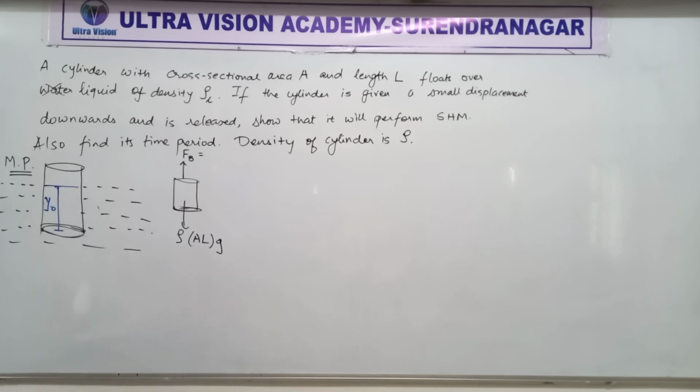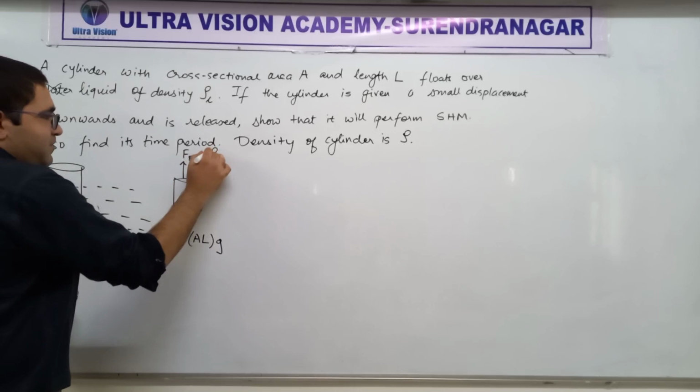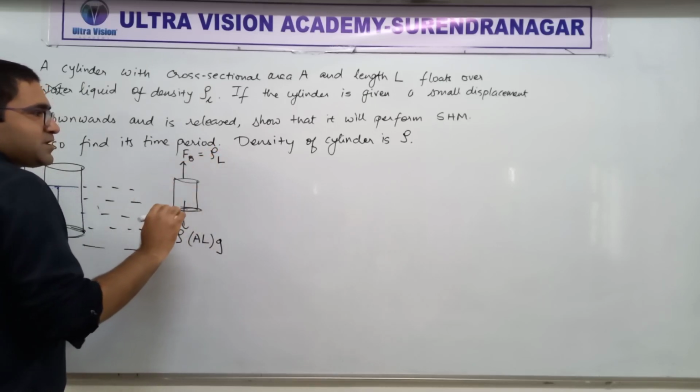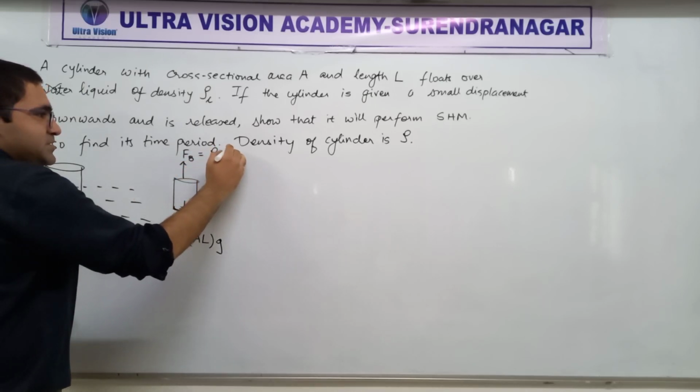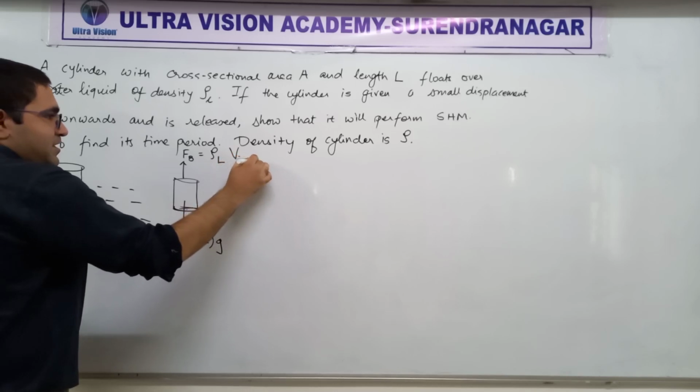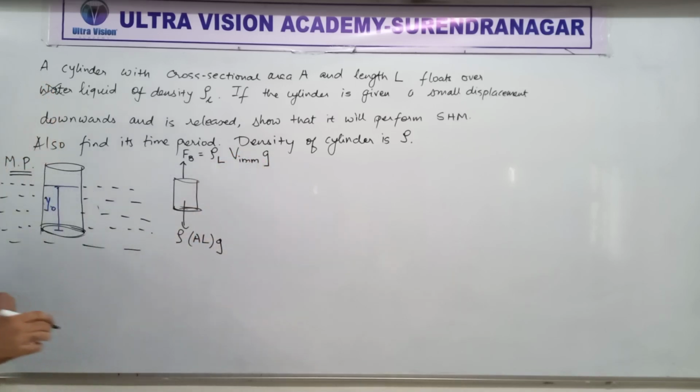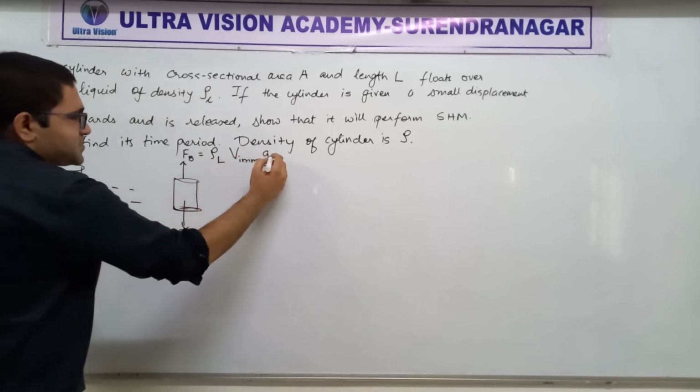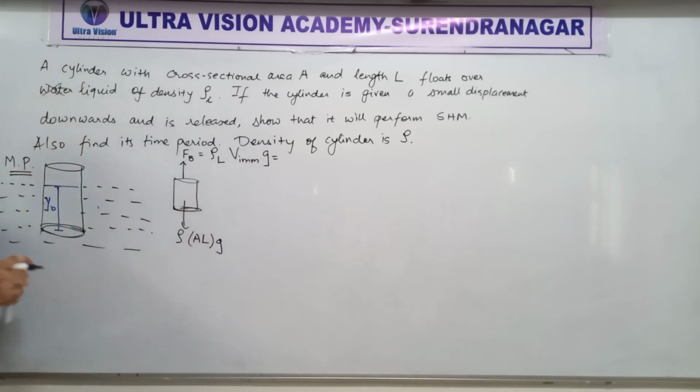It is rho L, that is the density of the liquid, into the volume immersed, into g. Everyone, please revise old stuff, because whatever we have learned so far will be used in other chapters as well. So rho L V immersed into g.